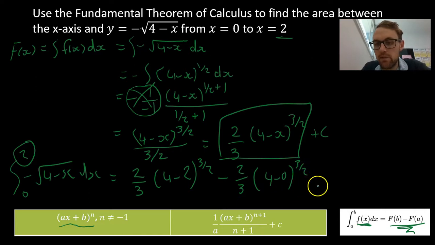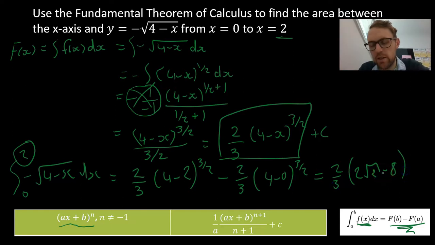All right, so that's the fundamental theorem, and now we can just put that in a calculator. This then gives us an answer of 2/3 times 2 root 2 take 8, or it's like negative 3 or something. So you can just put that in your calculator and work it out. That's just how we use the fundamental theorem in this example.